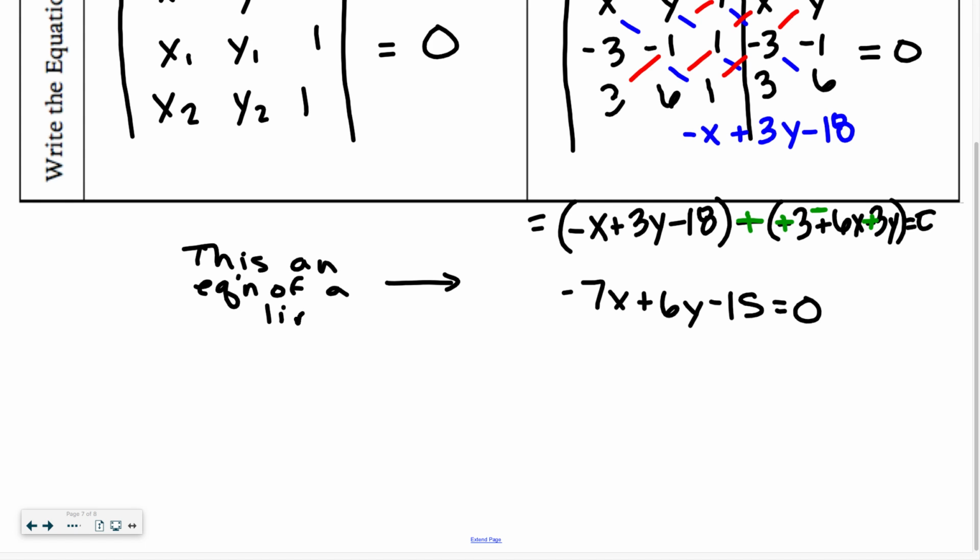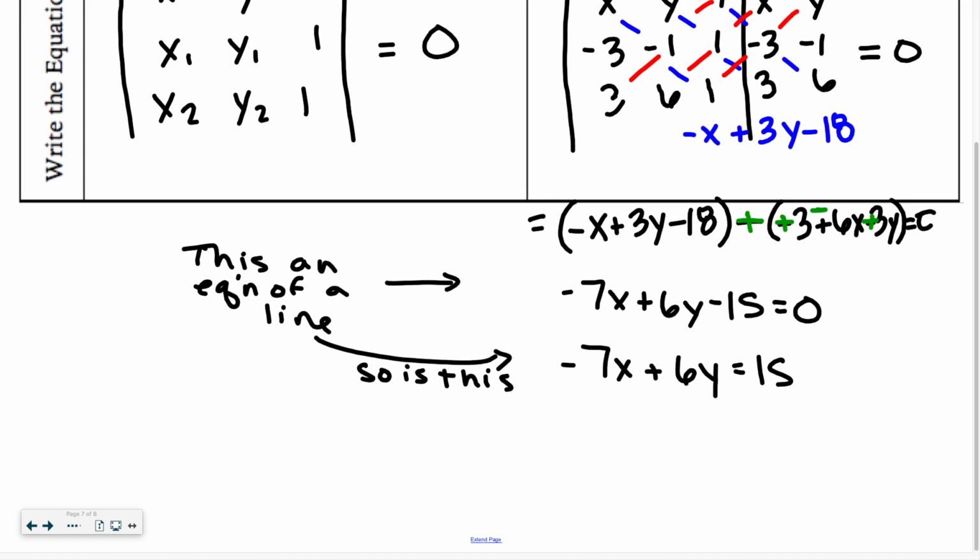It's probably not the equation that you're most familiar with, right? We really don't usually write them equal to 0. So if you wanted to change it into a form you're more familiar with, a simple fix would just be add 15. So we could say this is negative 7x plus 6y equals 15. So is this one.